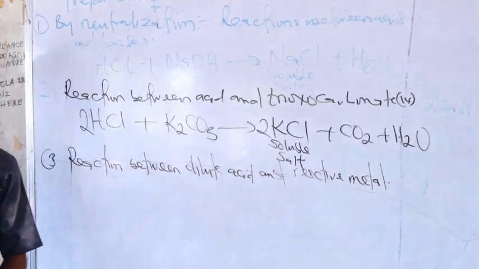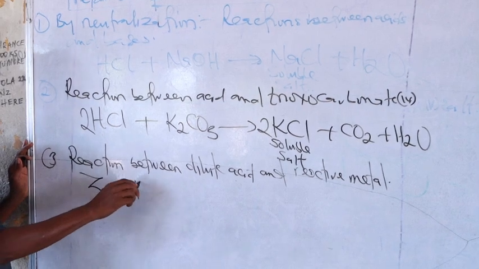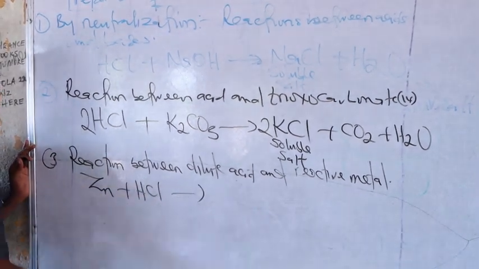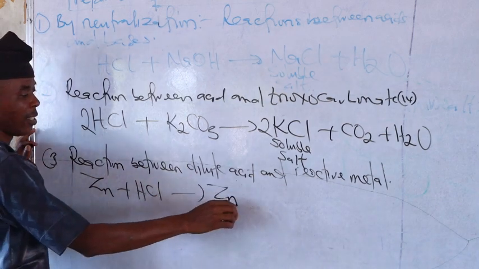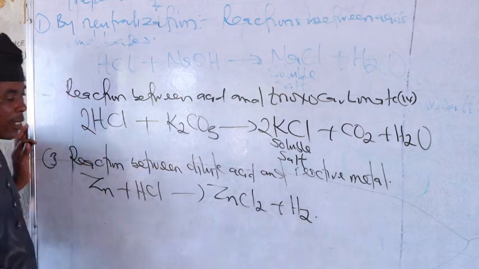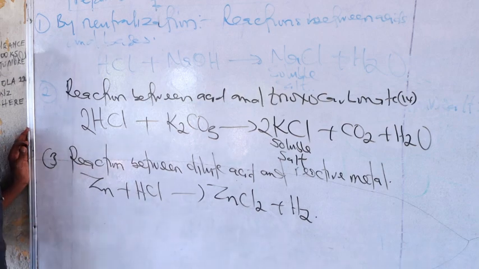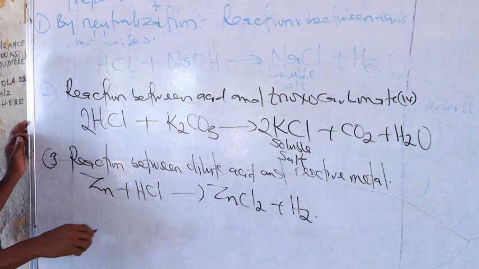Number 3. For example, if zinc reacts with dilute hydrochloric acid, there will be formation of zinc chloride and there will be evolution of hydrogen gas. This zinc chloride produced is an example of a soluble salt.